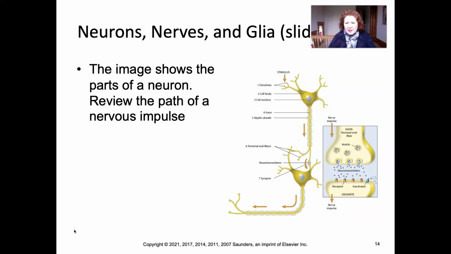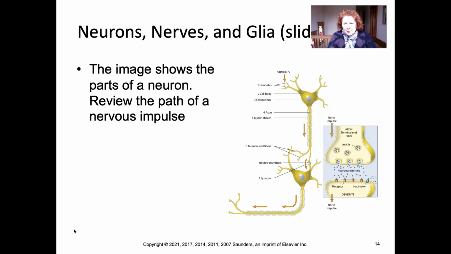And they're called dendrites, and they're pulling in that stimulus. And they pull it into the cell body, and there's the cell nucleus, through the axon, which is covered in the myelin sheath, sort of like a protector and supporter, and increases the speed of that impulse going through there, to the terminal fibers.